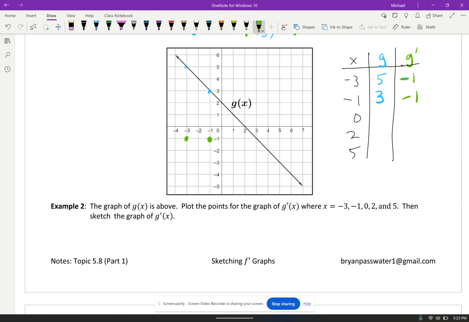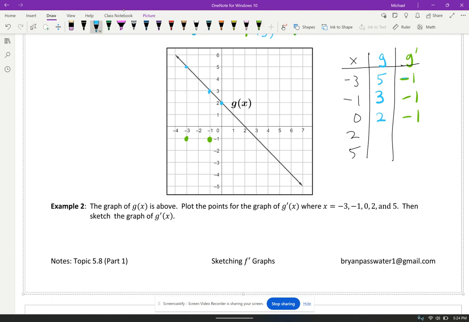And after a while, you realize, oh, so x equals 0, my y is 2, but my slope is still negative 1. My slope is going to be the same throughout because it's a line.